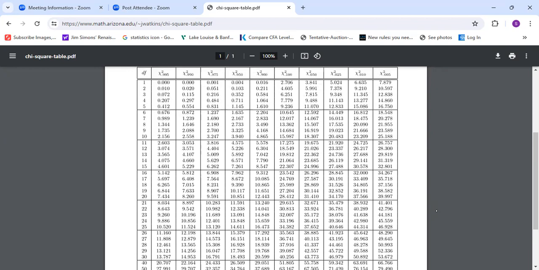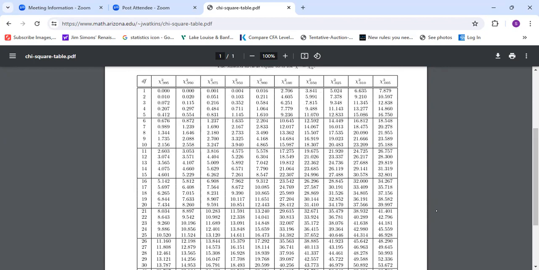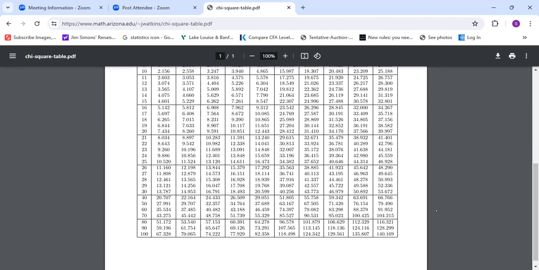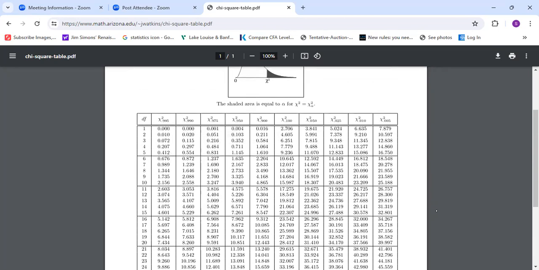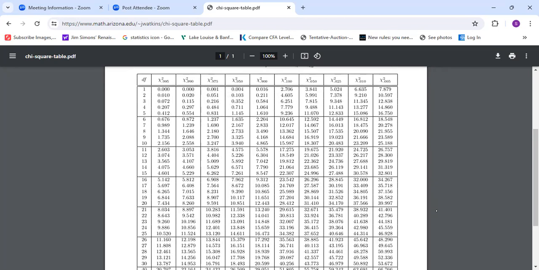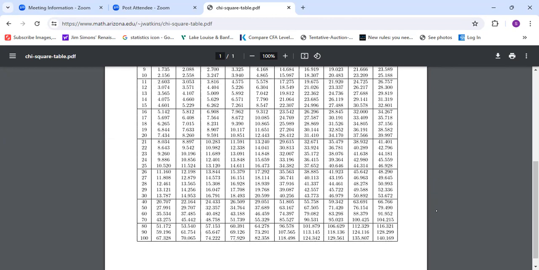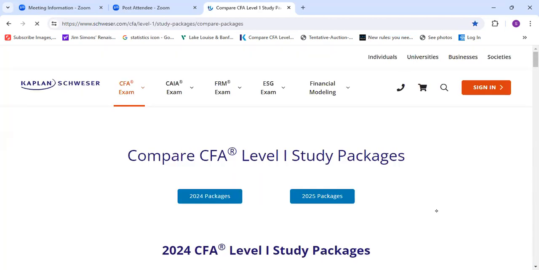The third column title is chi-square 0.975. We draw a vertical line through the third column and a horizontal line through degrees of freedom 100, and they intersect at 74.222.